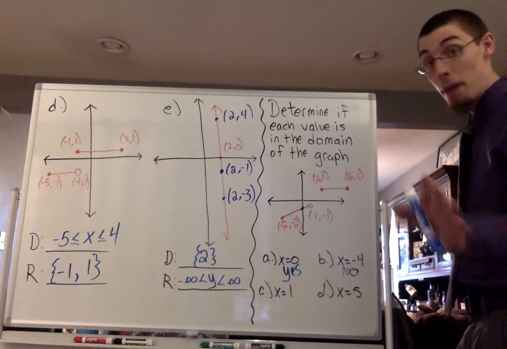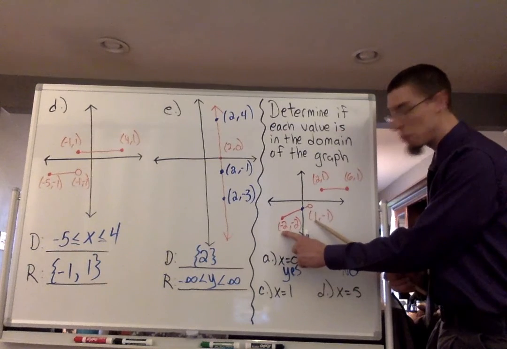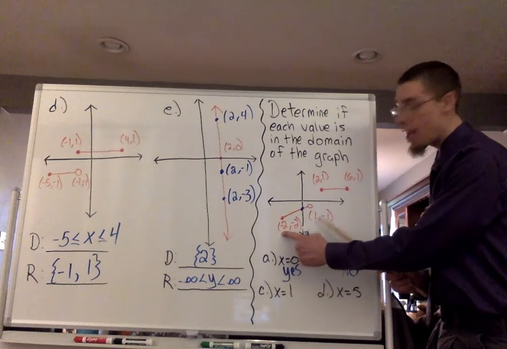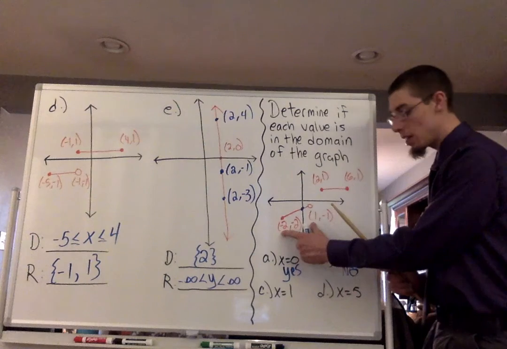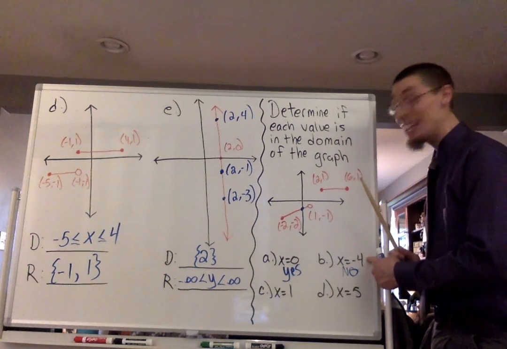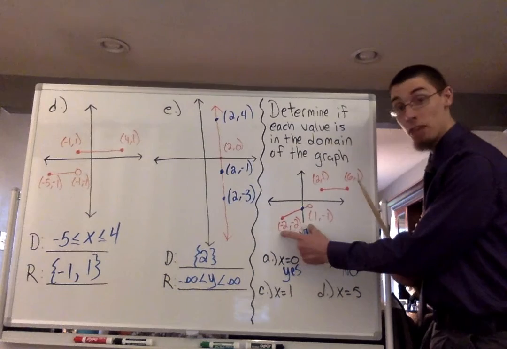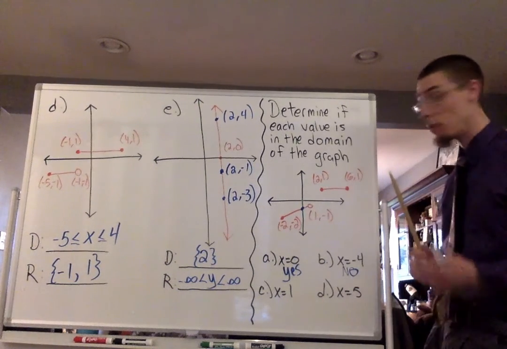Again, think about what we said. This part of the graph goes from -2 to +1, everything in between -2 and +1. The number -4 is not in between -2 and 1. Therefore, it's not in the domain.